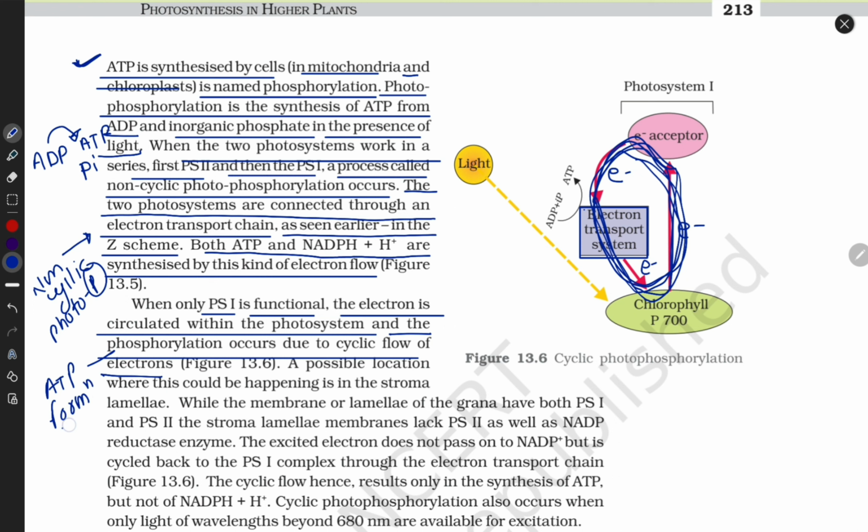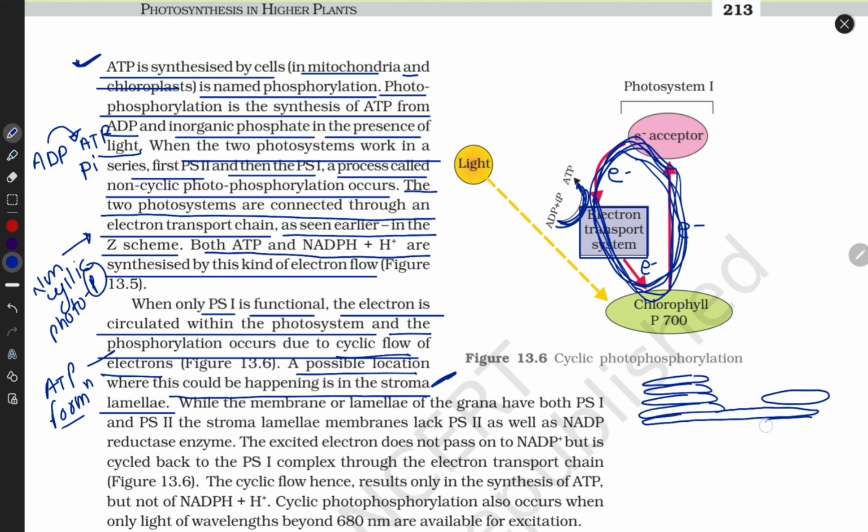So now ATP formation occurs by this cyclic flow. A possible location where this could be happening is the stroma lamellae. Yes, this phenomenon occurs, but where is the stroma lamellae? We know this is the thylakoid structure, and this is the extended thylakoid, and this is a different set of thylakoids. Look at here, guys.